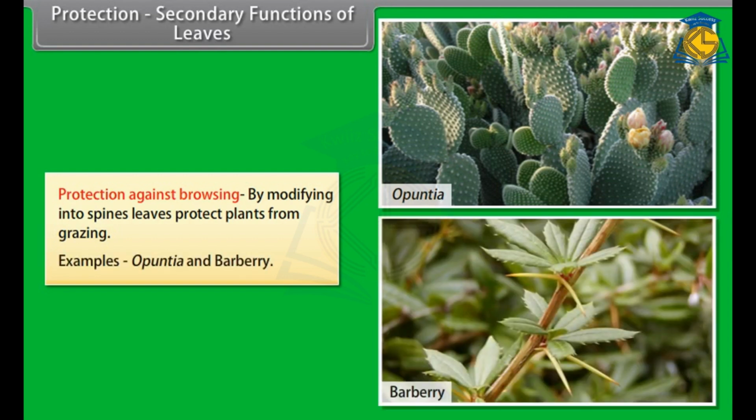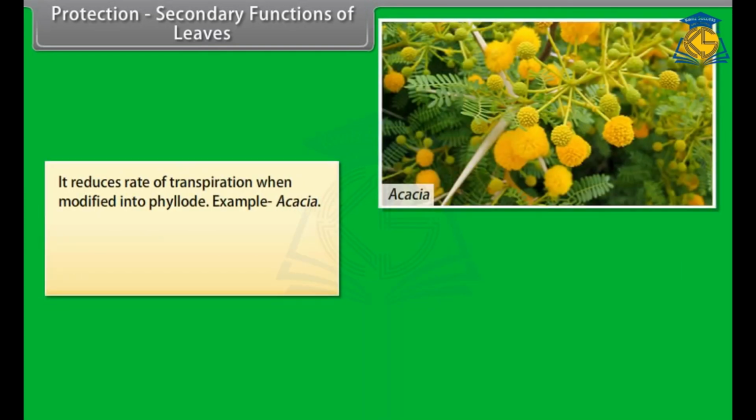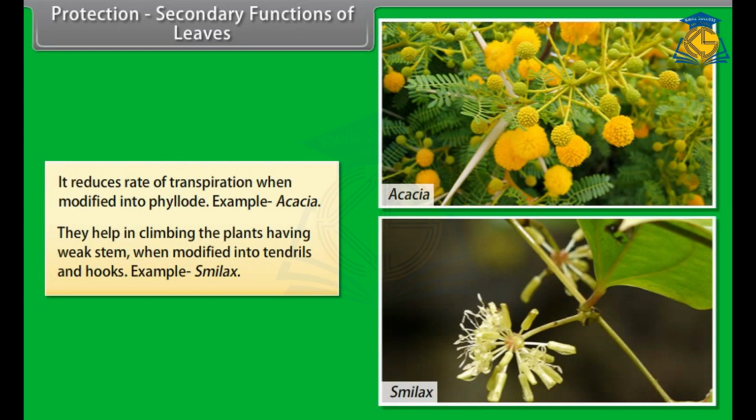Examples: Opuntia and barberry. It reduces rate of transpiration when modified into phyllodes. Examples: acacia. They help in climbing the plants having weak stem when modified into tendrils and hooks. Examples: Smilax.